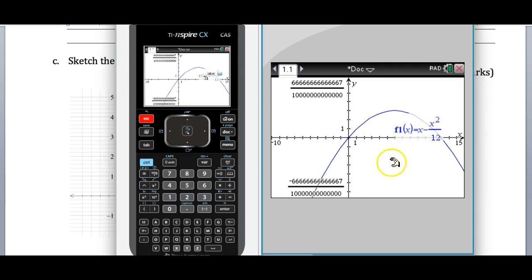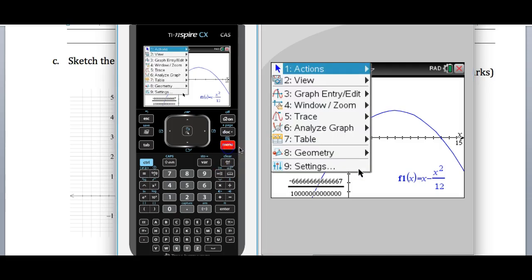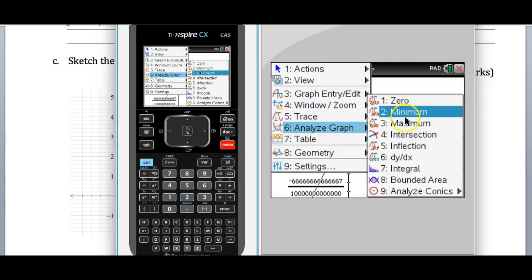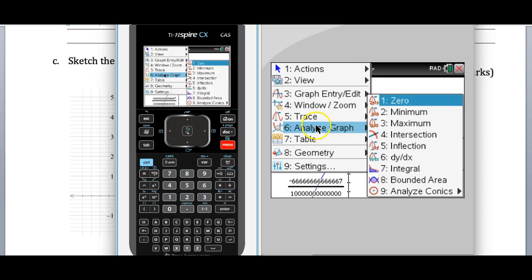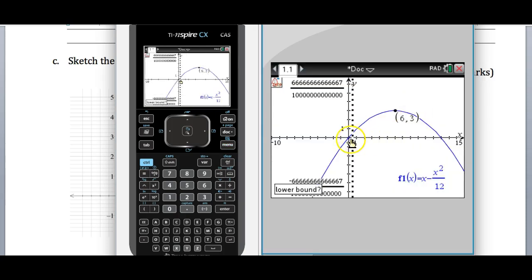So let's just say you couldn't do anything previously. You should know your maximum is there at 6, 3, and your 0. You can see that one is already at 0, so the other one is at 12.